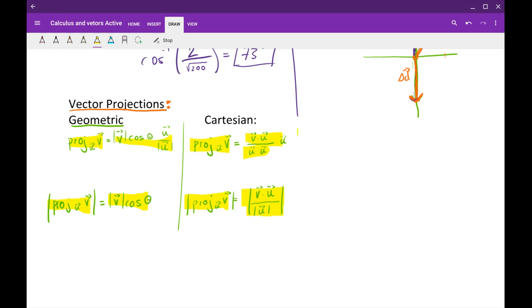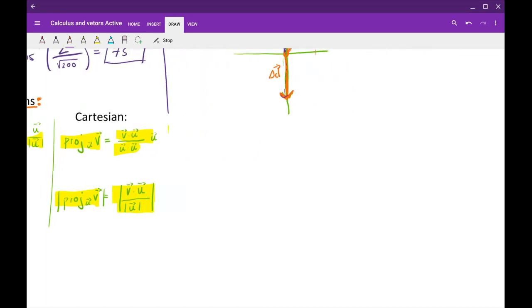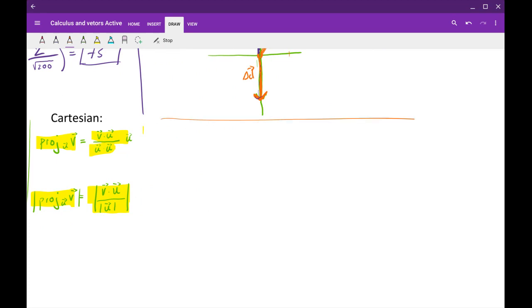Let's do a couple of examples just for completeness. Let's say I've got A is equal to 3, 4, and B is equal to 2, 5.